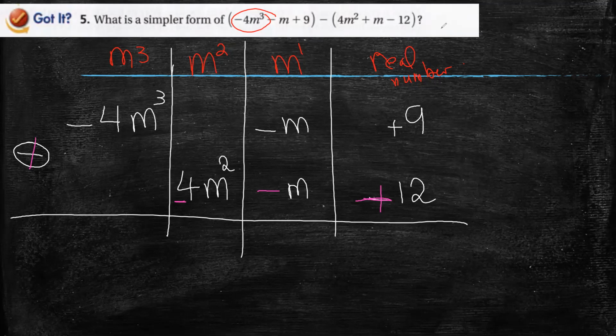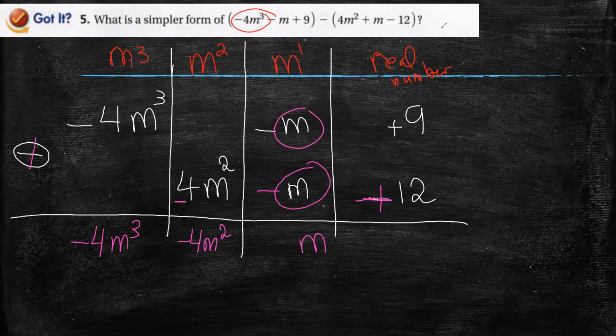Negative 4m cubed with nothing, I will write as negative 4m cubed. Nothing with this one, keep it as negative 4m squared. Negative m plus negative m is what? The first term, write m as it is, and negative 1 plus negative 1 is negative 2, so negative 2m.